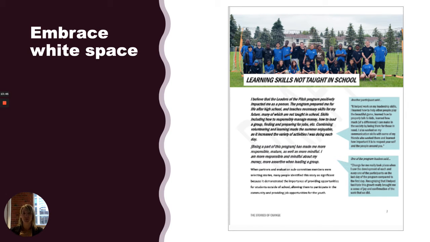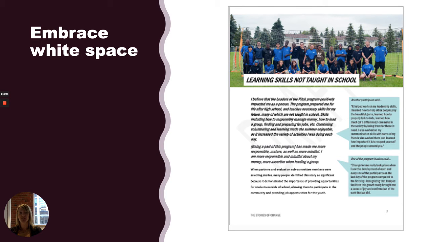So here's an example of a page from a report, and this was one of the earlier drafts, and it had some good elements in it. We had a picture, we had a title, and whatnot. But if you look at this page, it's pretty jammed on there, all the information.